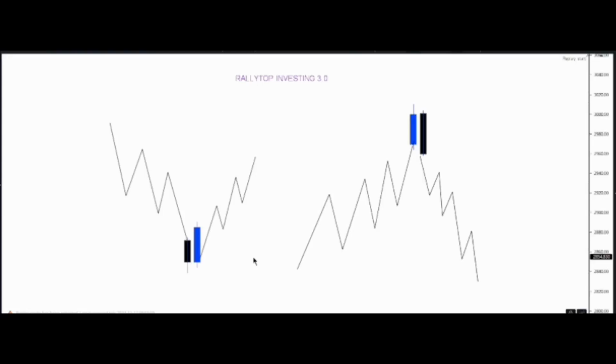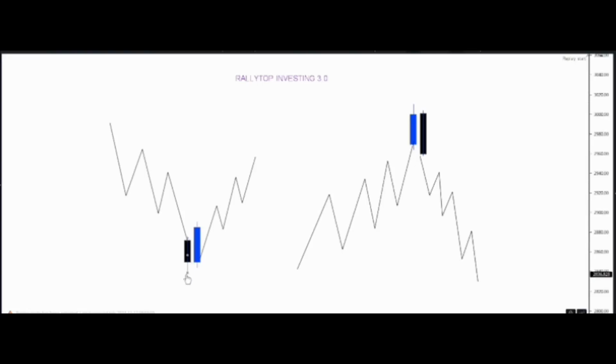The first rule is this: if the market is in a bearish structure such as this, price is printing lower low, lower high, lower low, lower high, lower low. Now, you want to see this two candle formation here. And what is the two candle formation? It is that this candle, this bearish candle, has to print the lowest low.